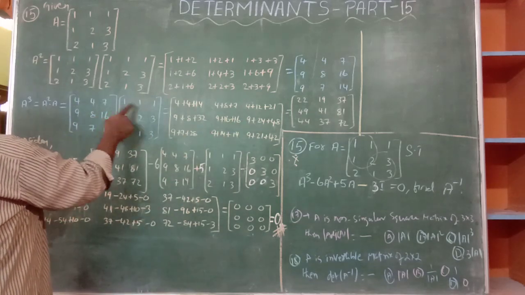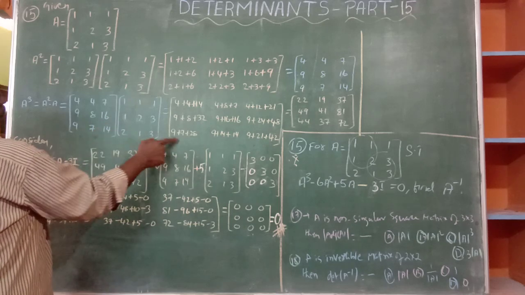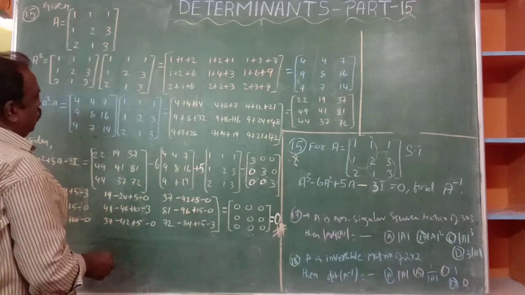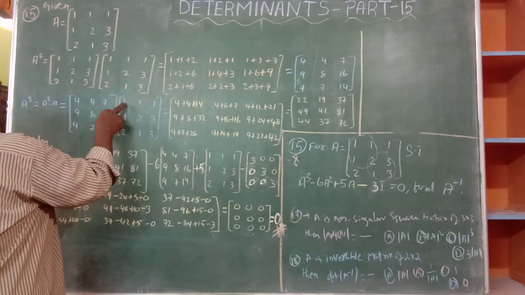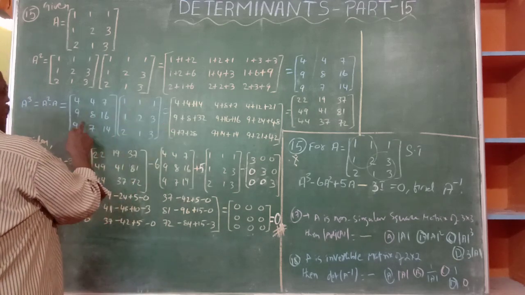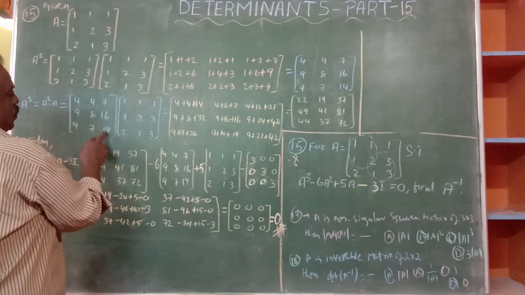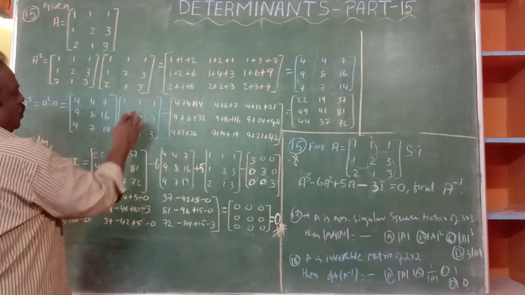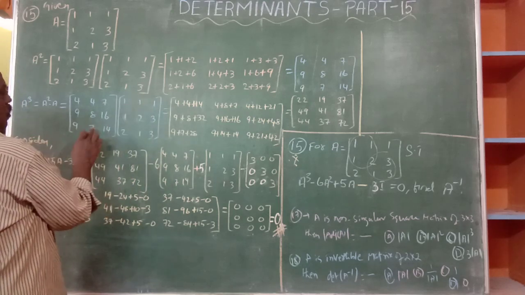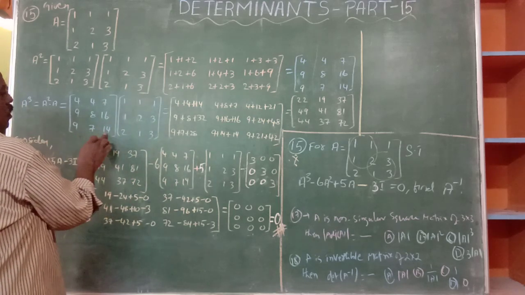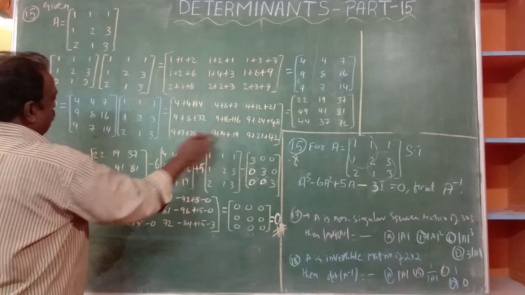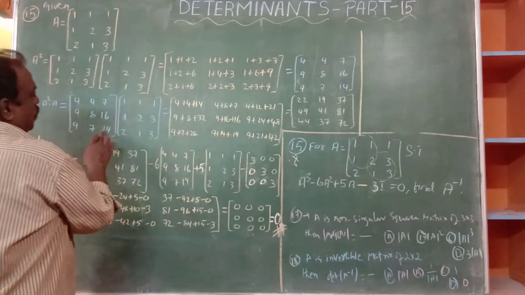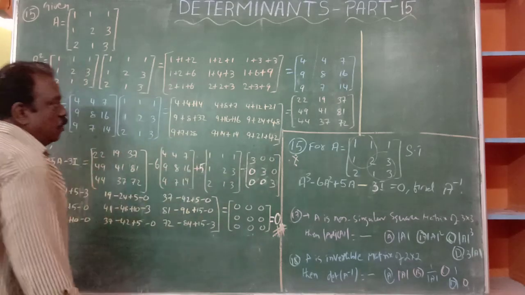Again 9 into 1, 9; 7 into 1, 7; 14 into 2, 28. Again this row and this column: 9, 7, 2 is 14; 14, 9; 7 into 3 is 21; 14 into 3 is 42.